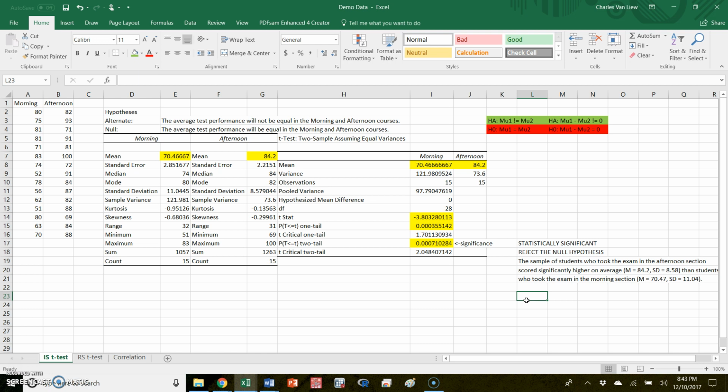So from this inferential test, we are saying that this could be extended, that we would expect students in this population to do better if they take classes in the afternoon than in the morning. So yes, the differences between our two samples are statistically significant, but we believe that this represents true differences in the population at large.